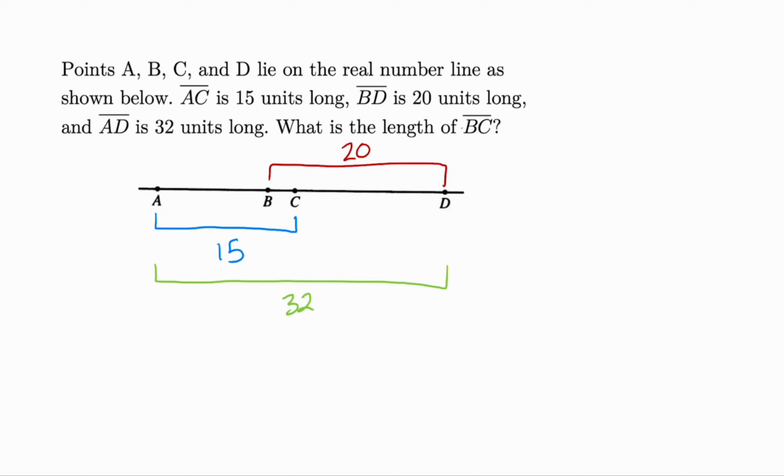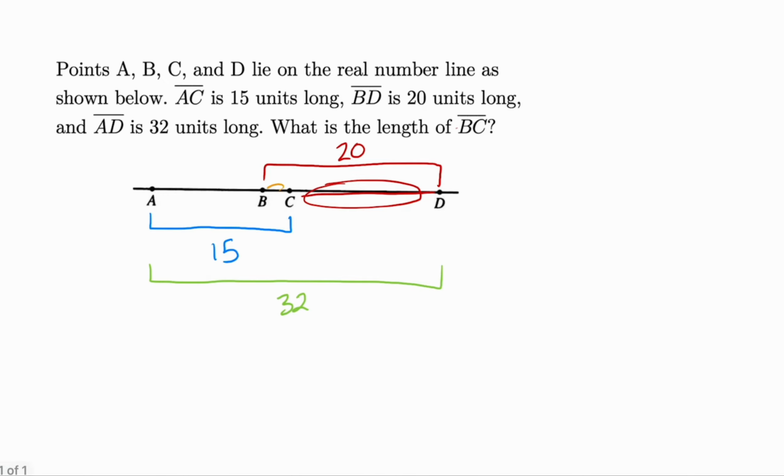One way would be to solve for, say, segment CD, and then once you know segment CD, you could subtract that from 20 to find the difference here, BC. You could also do that same idea, but find segment AB. If you know what segment AB is, then you can subtract that from the 15, again, to find segment BC.